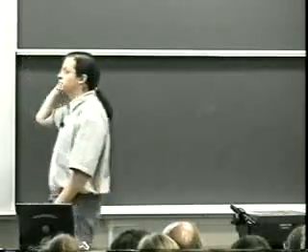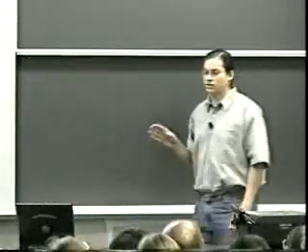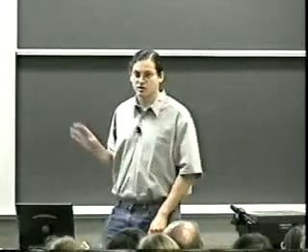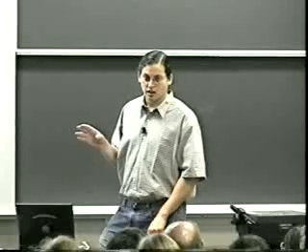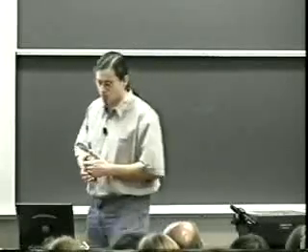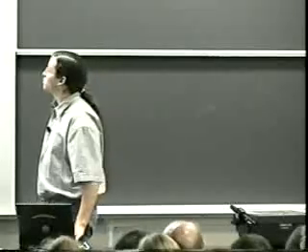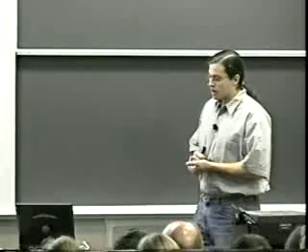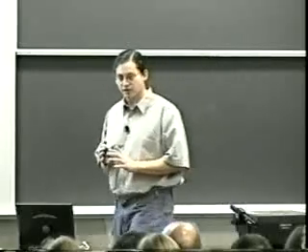What I want to talk about next is a case where it doesn't always work out this nicely. In this case, we had a finite group, and we could compute the Fourier transform over a finite group, and we had these nice group properties. But there are cases when this doesn't happen, so I want to talk more generally about Fourier sampling.